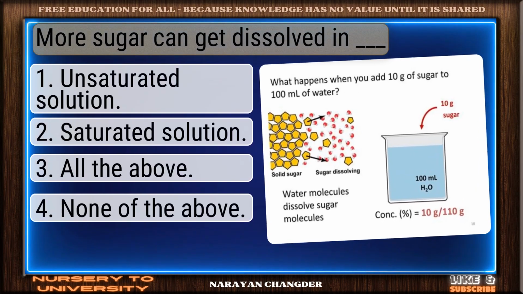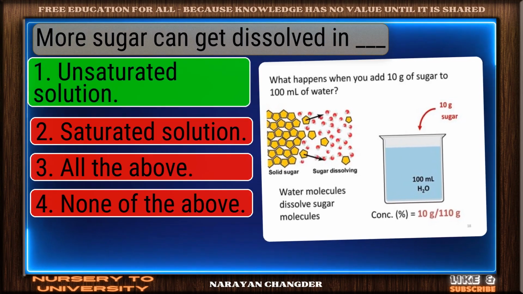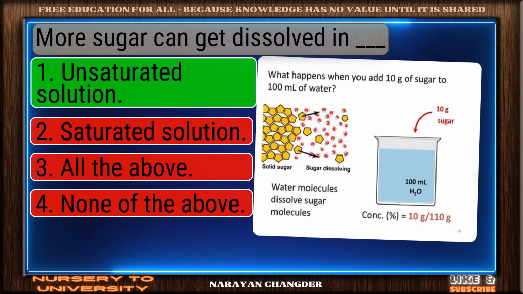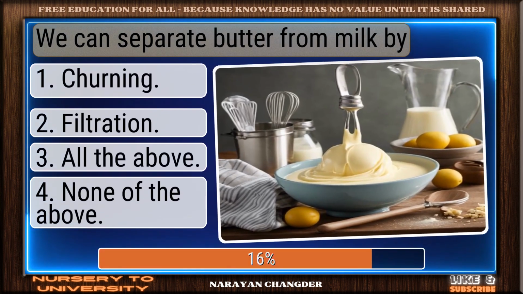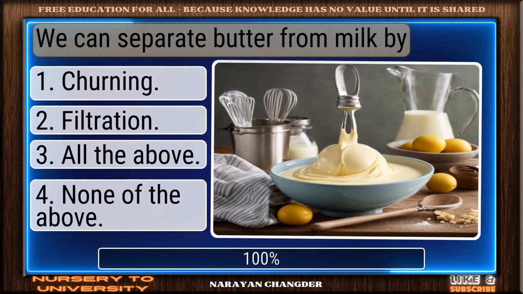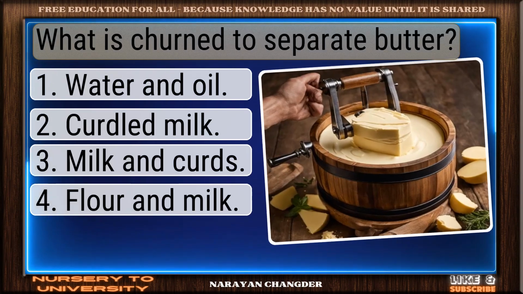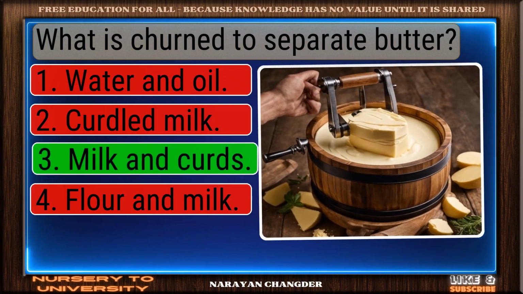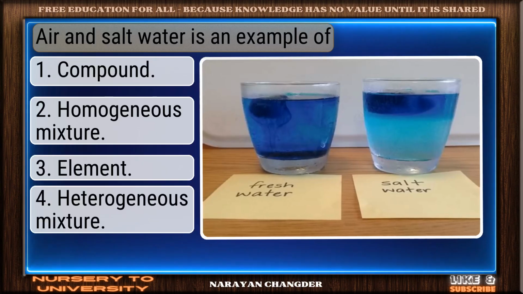More sugar can get dissolved in dash. Smart move. Unsaturated solution is an accurate answer. We can separate butter from milk by. Right again. Churning is a valid answer. What is churned to separate butter? Perfect. Milk and curds is the correct choice.